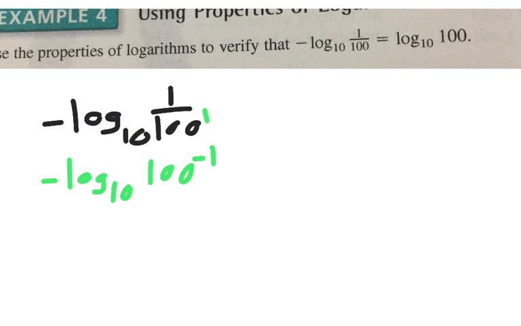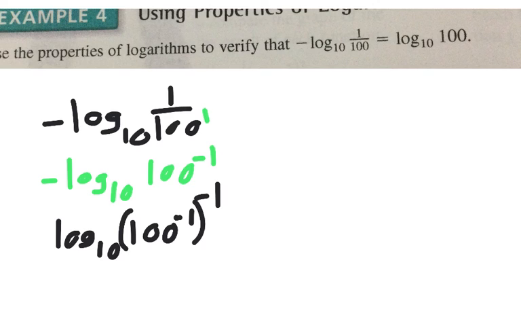So now I have negative log base 10 of 100 to the negative first, and now this is going to be raised to the negative first. See how I've moved the negative from out front to the power.